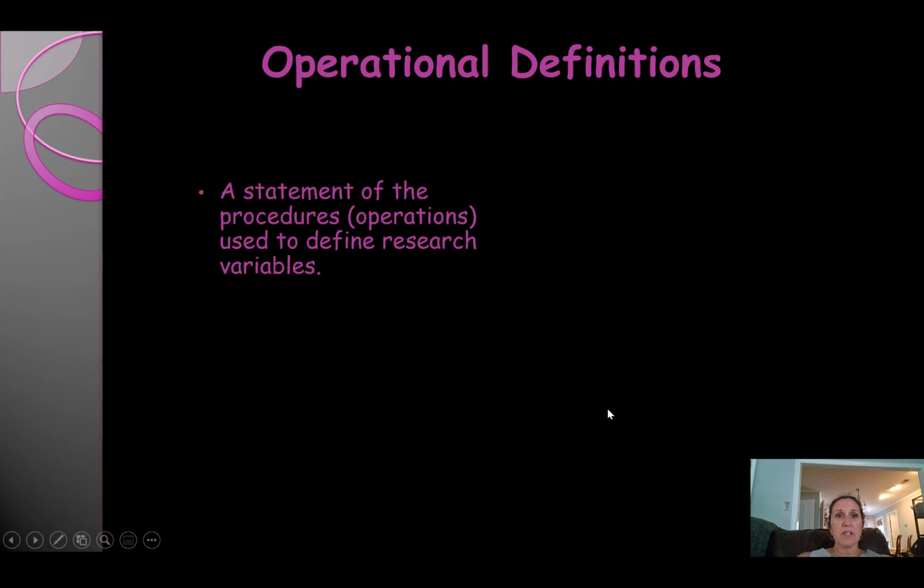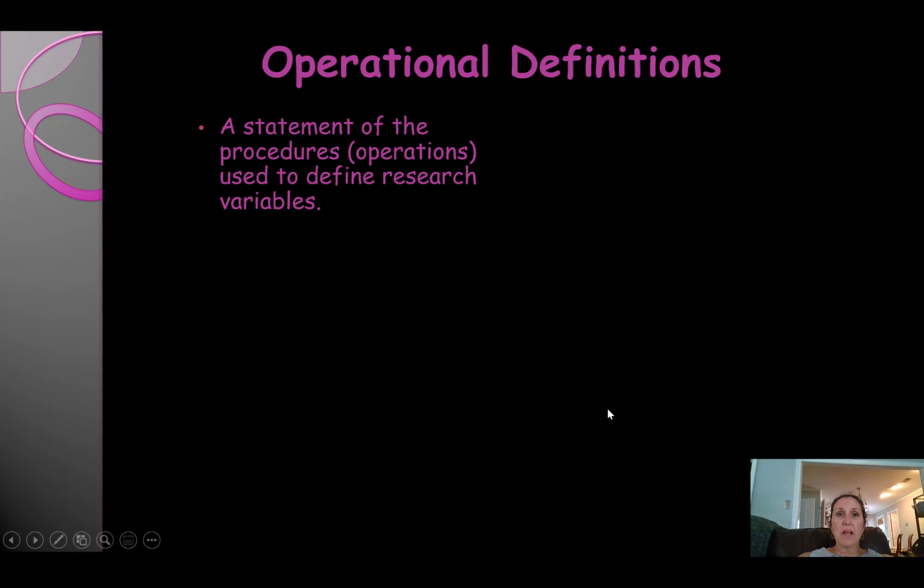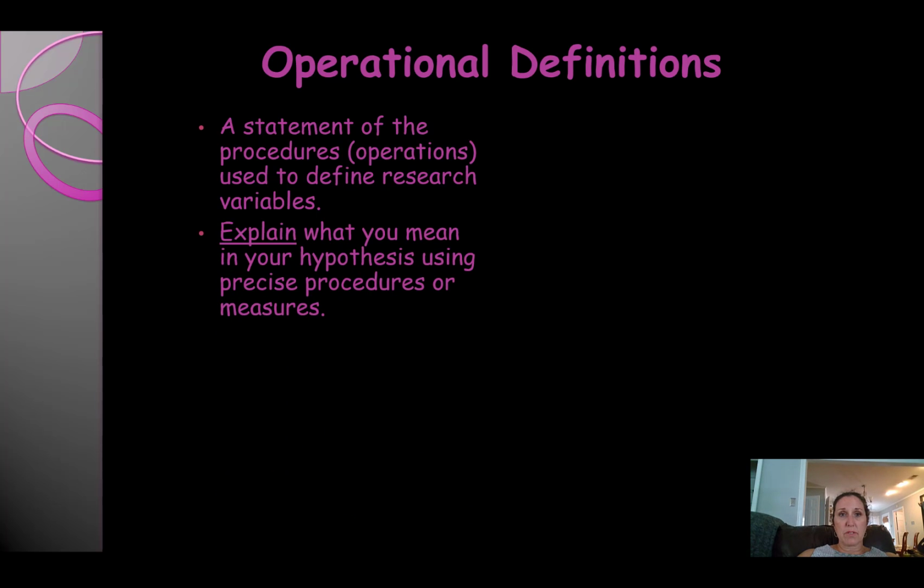And operational definitions are basically a statement about the procedures used to define research variables. So basically, you are explaining what you mean in your hypothesis. You are defining exactly what you are measuring.